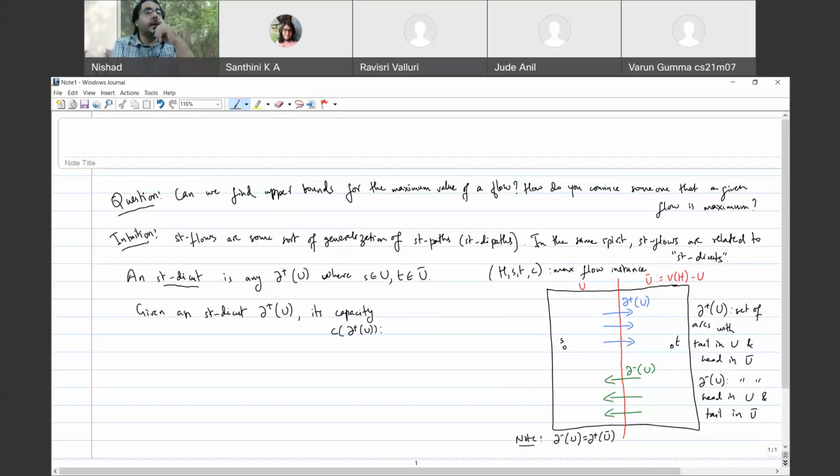It's going to be simply the sum of the capacities of all the arcs that belong to this dicut. Right? So this is going to be simply look at all the arcs in this dicut and take the capacities of those arcs. Okay.